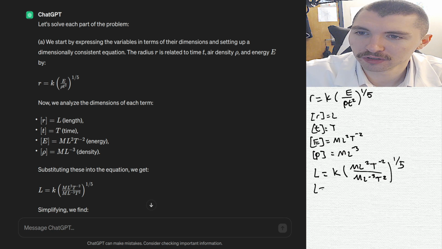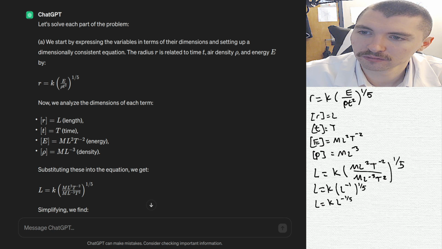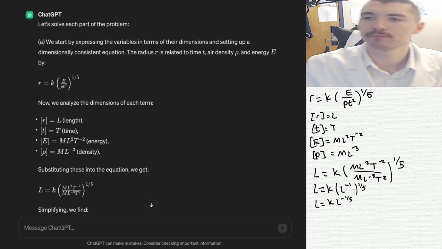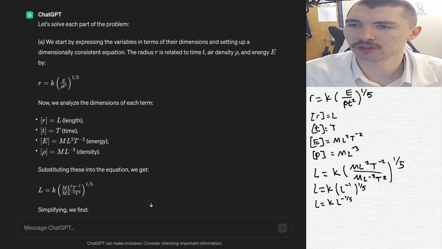Simplifying, so I'm going to try myself. It's going to be L to the negative 1. You're supposed to add these, right?